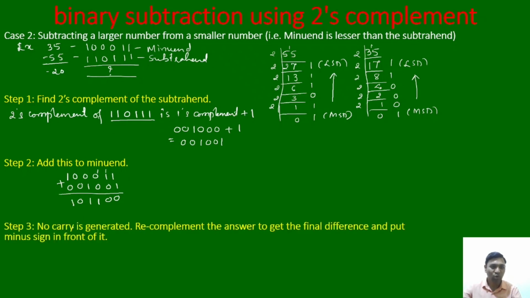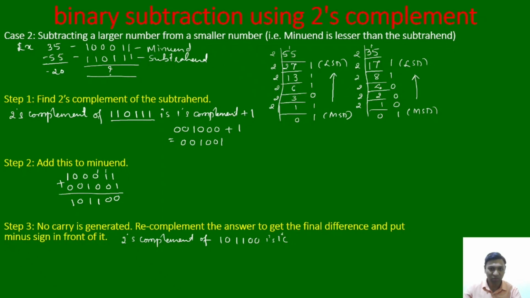Step 3. No carry is generated. Recomplement the answer to get the final difference and put a minus sign in front of it. Here we need to recomplement it. Recomplementation means what? We have to find the 2's complement, right? So right here, the 2's complement of 1 0 1 1 0 0 is, first, the 1's complement.